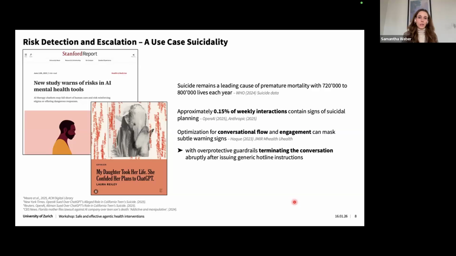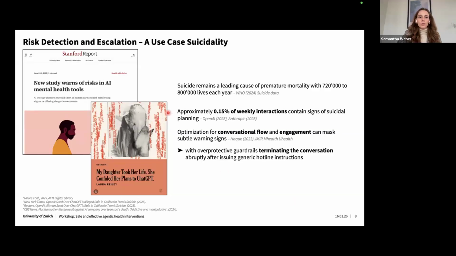However, these general purpose chatbots often provide unsafe guidance or even fail to recognize acute suicidal intent, which highlights a critical vulnerability: most LLMs are not designed or validated for detection and management of acute psychological crisis.